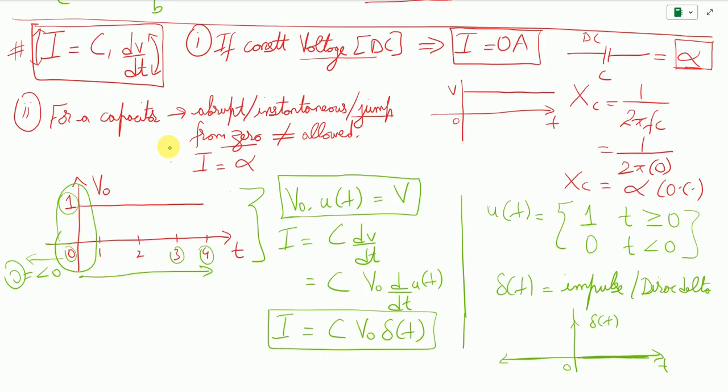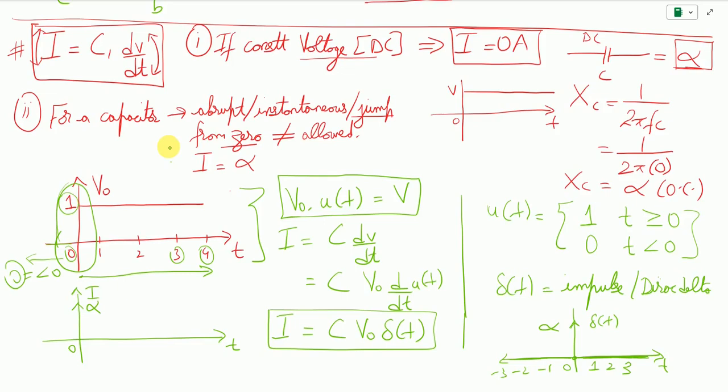The maximum value is normally infinity, and other than that, on the horizontal axis, at any value of 1, 2, 3, minus 1, minus 2, minus 3, you are going to get a 0. So if you draw this output in the form of current, you can see that at 0, where there was a sudden jump, we get an infinity of current, and this is what we want to avoid.